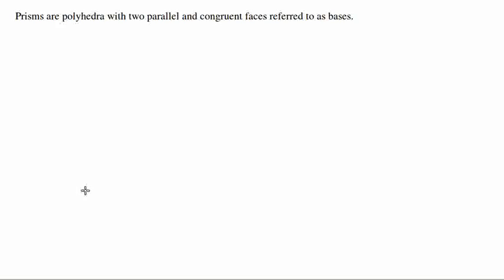So let me draw an example of a prism. This is going to be a prism with triangular bases.